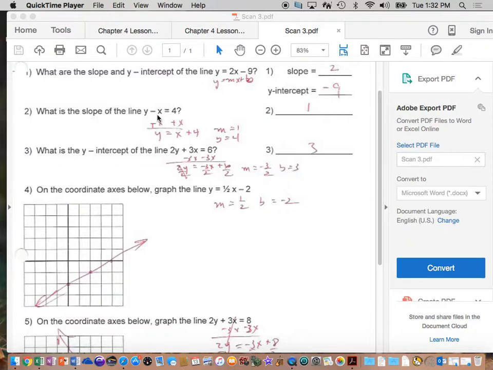Some people thought the slope was -1. If you answered -1, what did you do wrong? Davis? You didn't divide. Josh? You didn't add the x to both sides. Good.